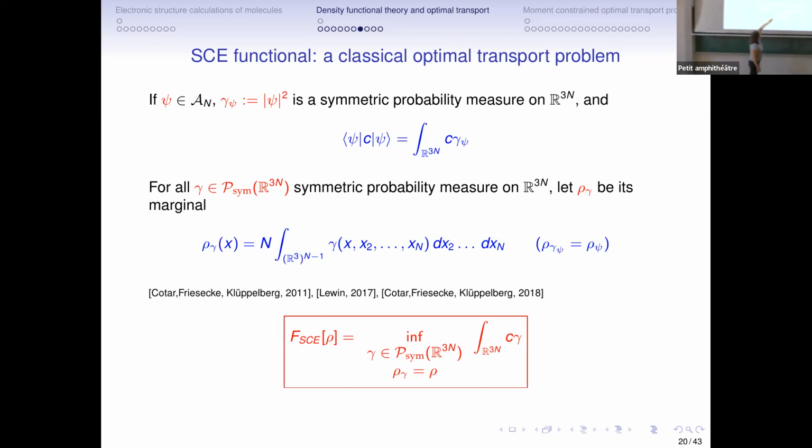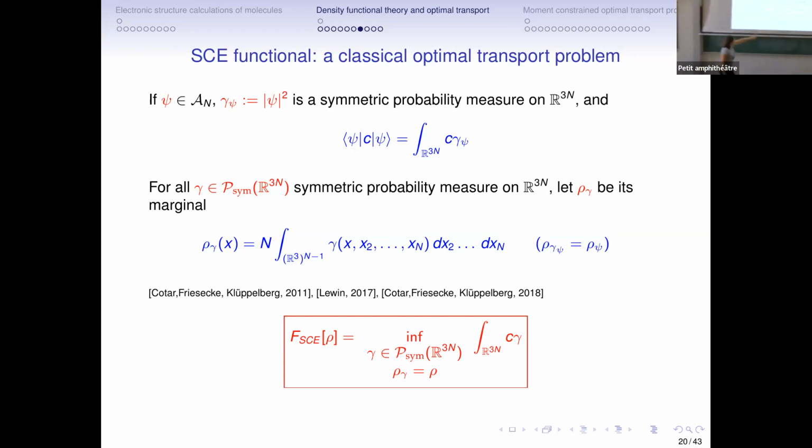First the minimization set: it is the set of gamma, which are symmetric probability measures on R^{3n}, the marginal of which, up to an n factor, is equal to rho.